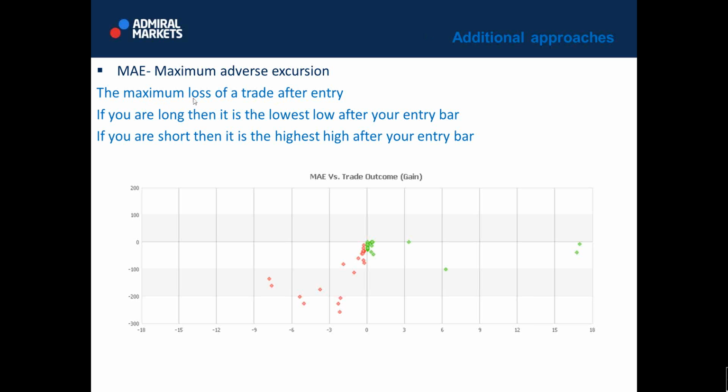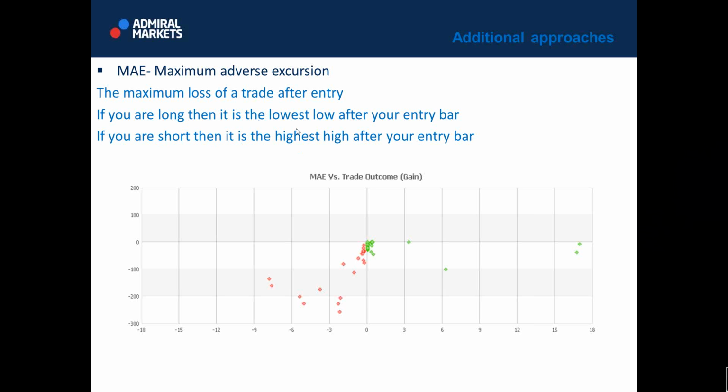MAE stands for the maximum loss of a trade after entry. So if you use MAE analysis, it can reveal that your trades never make any money, let's say, once they have dropped by 15 pips. So you can place your stop 15 pips away and be safe in the knowledge that you have a good stop in place, okay?